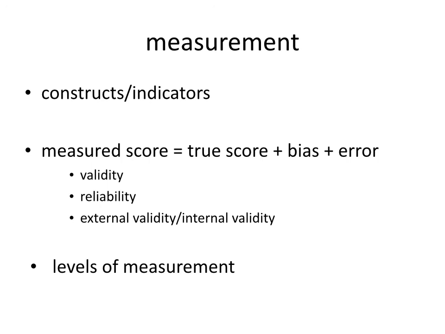The third level is interval. Interval measures each identify a category of responses that has a name, and the categories fall along a dimension in order, plus the distances between the categories are equal, so equal intervals.